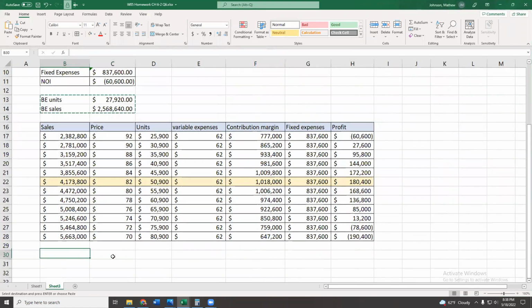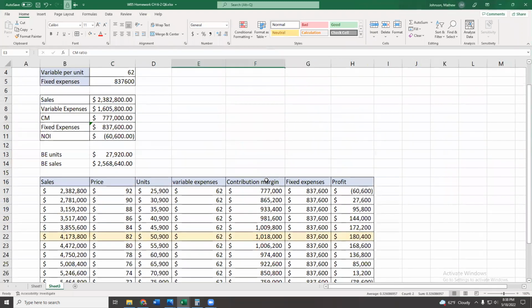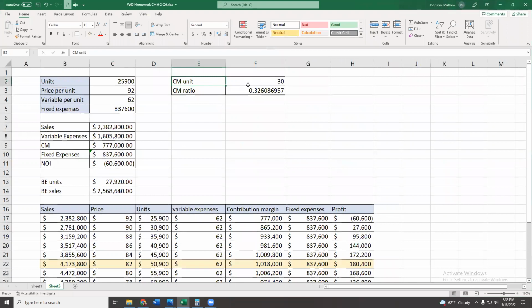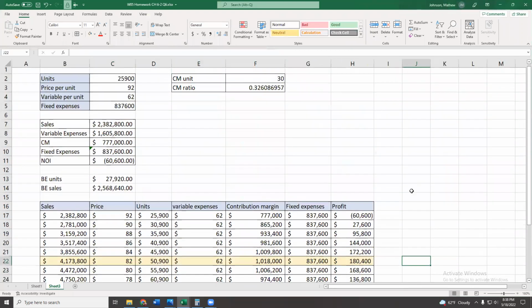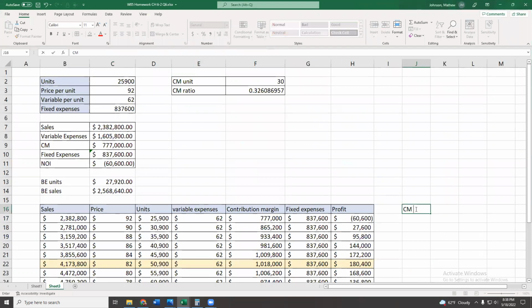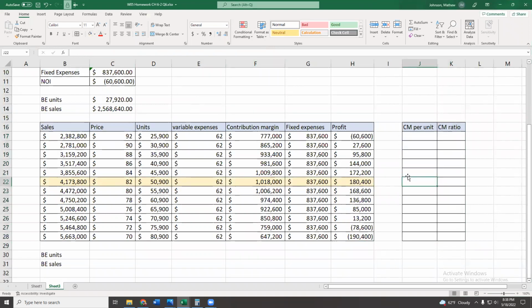We need to find, again, the contribution margin per unit and the contribution margin ratio, because it's not going to be the same now that the price per unit changed. You can find it for the whole table, but I'm just going to do it for this one because it's the only number that matters right now.